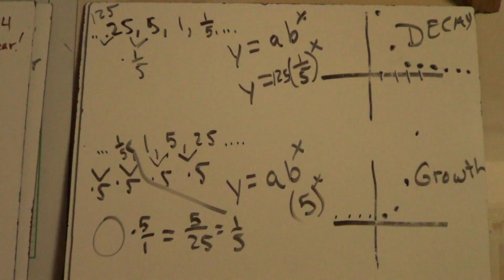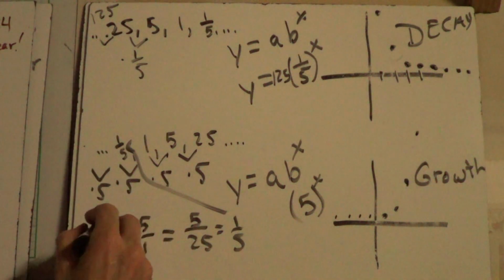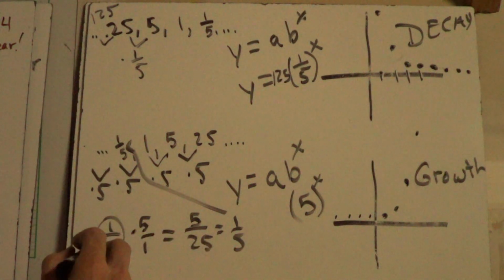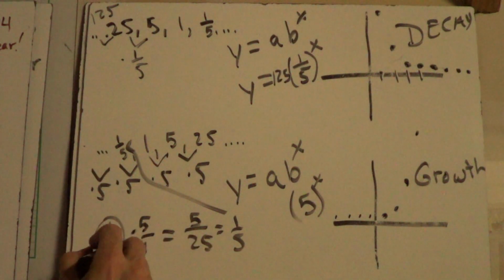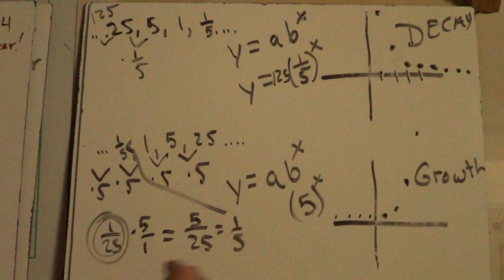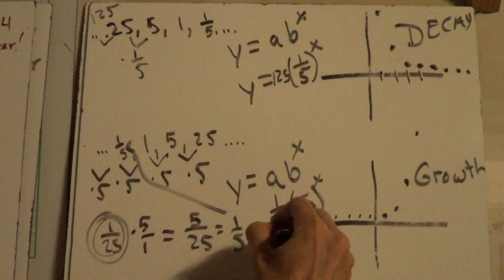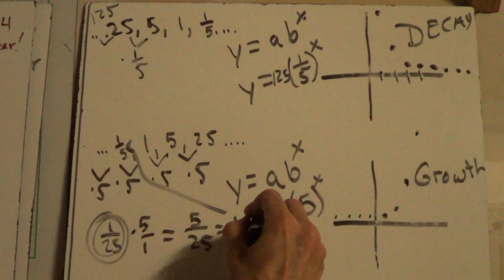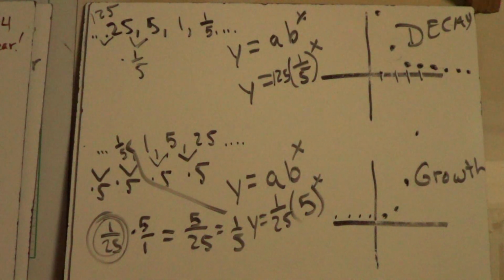So there's my value. 1/25 equals a. Okay?